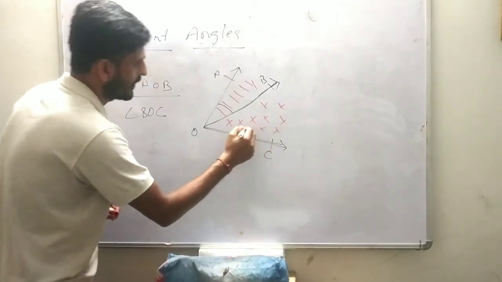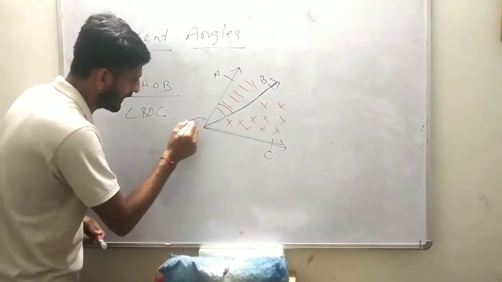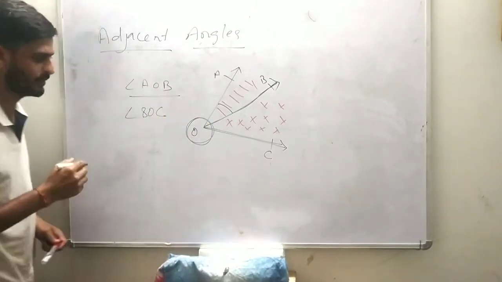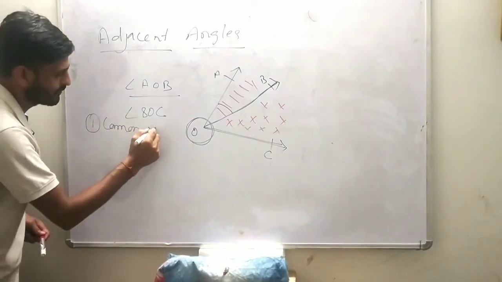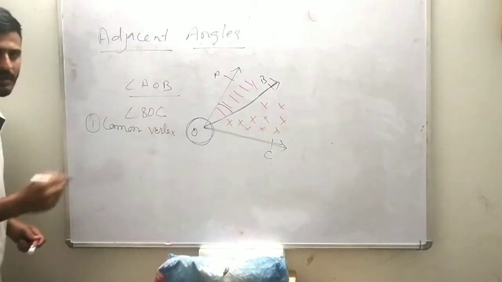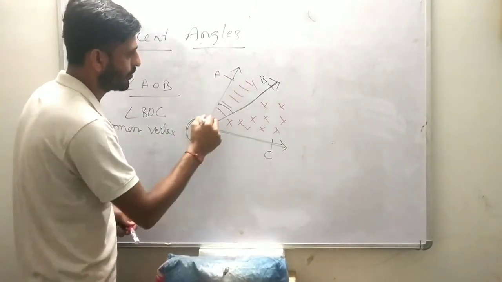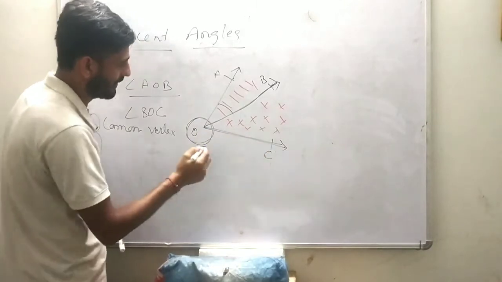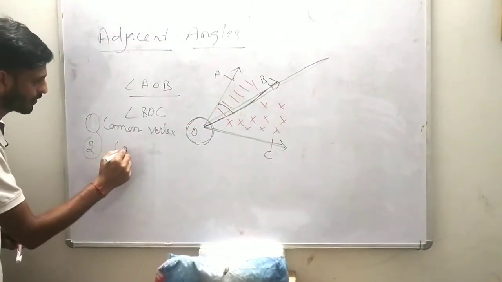Now look at these two angles. First, they have the common vertex O. The second point is that these two angles, AOB and BOC, have a common arm, OB.